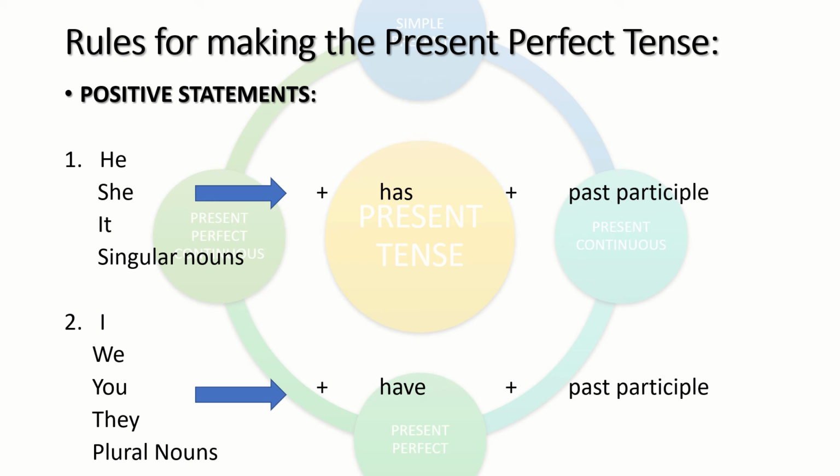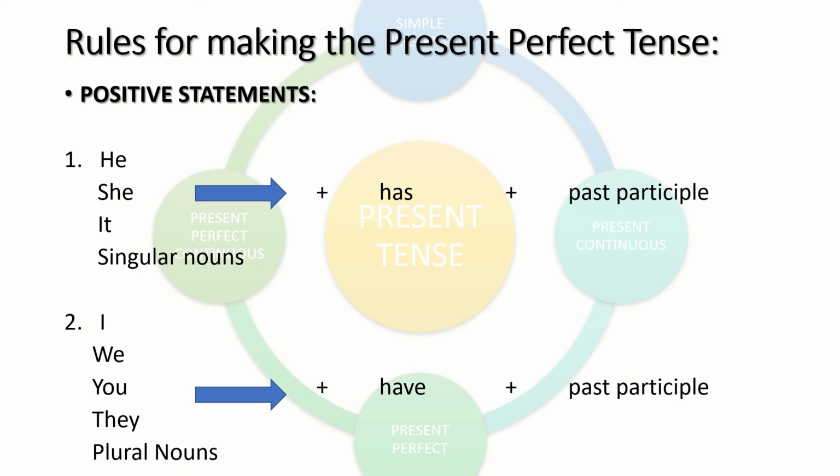he has prayed. Okay, so pray is the present. So prayed becomes the past participle form of the verb. Okay? Similarly, number 2, when we have plural nouns, or when we have I, we, you, and they, in these places we do not use has.